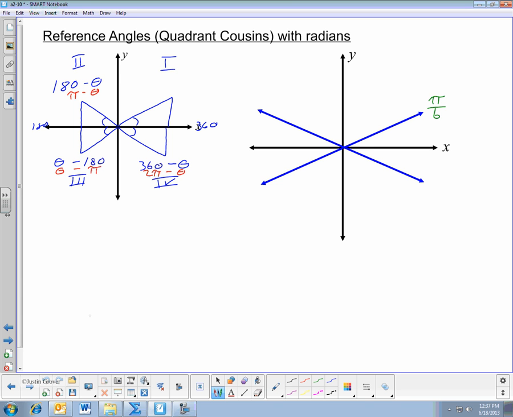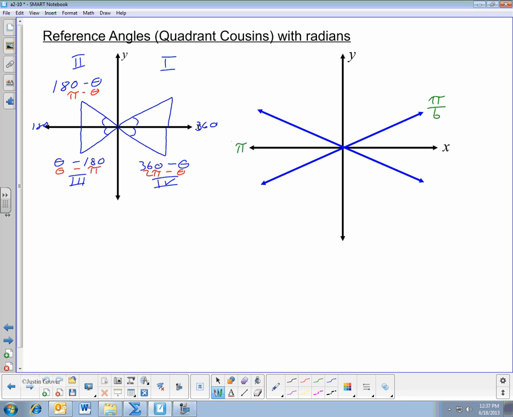And that's what you need to think about also, that 180 is pi, and so we're looking at what is pi over 6 less than pi, or what is pi minus pi over 6. What makes this really easy is, remember, you could turn 1 into a fraction. I could turn the 1 into 7 over 7 or 8 over 8, any fraction where the numerator and denominator are the same.